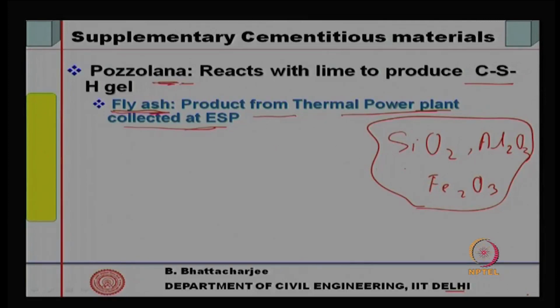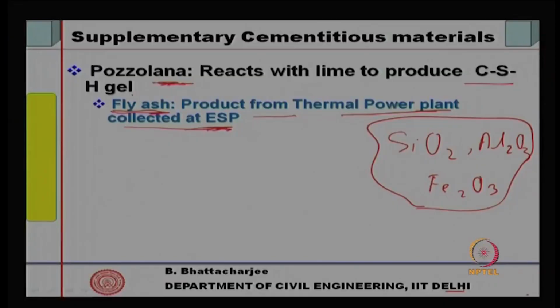The finer ones from this ash will go away with the flue gas and are trapped in electrostatic precipitators. We will discuss this at more length when we talk of mineral admixtures. So, they will be captured at electrostatic precipitators.